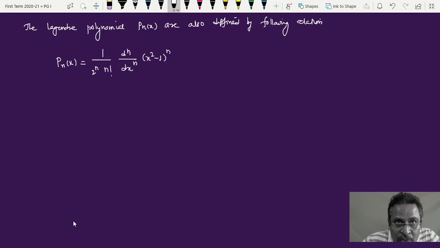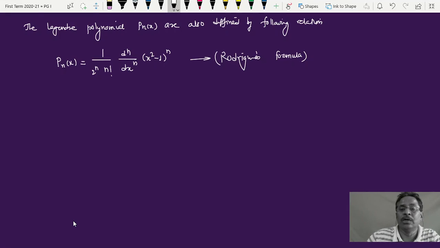Now don't ask from where this formula came. These are the formulas given by Rodrigues, and he showed that using this formula we get exactly the same polynomials which we have called Legendre polynomials, which we have plotted earlier. So that's what this is called the Rodrigues formula.